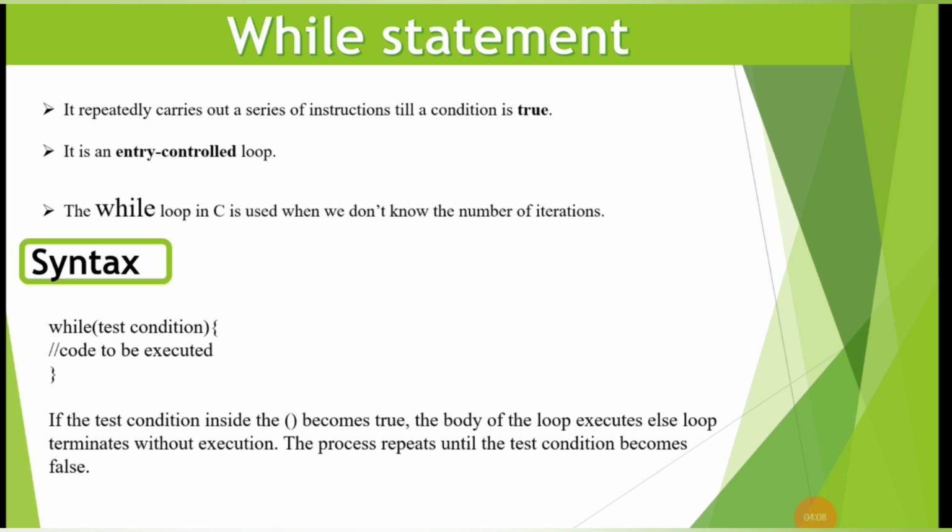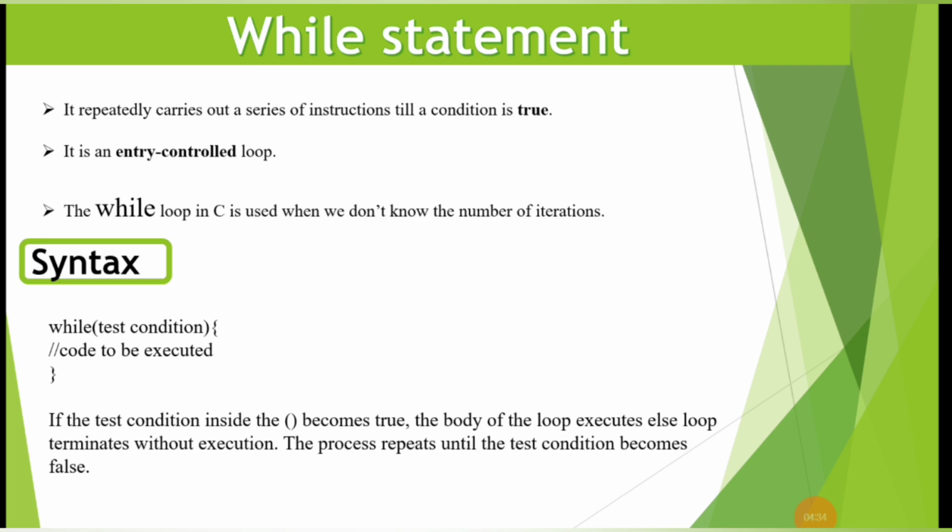First we use the while keyword, then in brackets we write a test condition, and then the code to be executed is entered in the loop. If the test condition inside the bracket becomes true, the body of the loop will be executed, or else the body of the loop will not be executed. It is terminated without any execution.